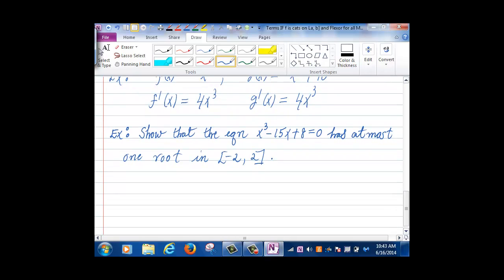So what we need to show is that this equation has at most one root between -2 and 2.